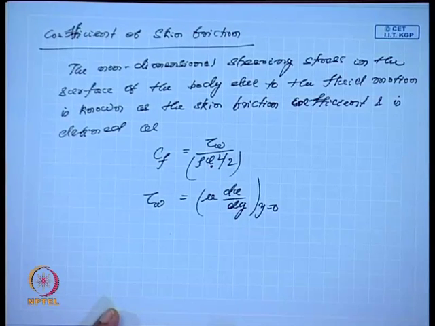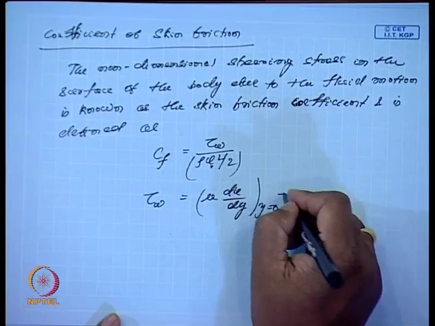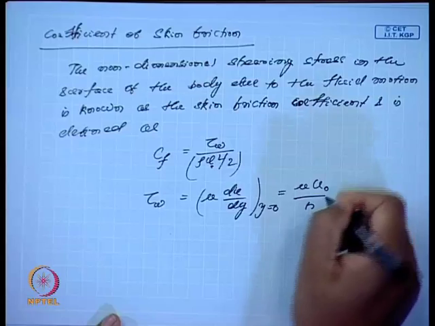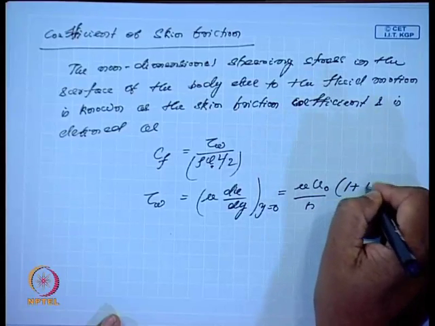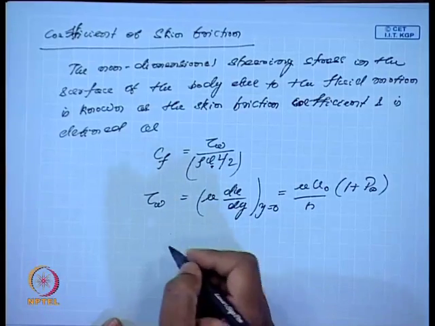And if we substitute for u in tau w, this will be mu u naught by h into 1 plus p infinity. This becomes tau w.